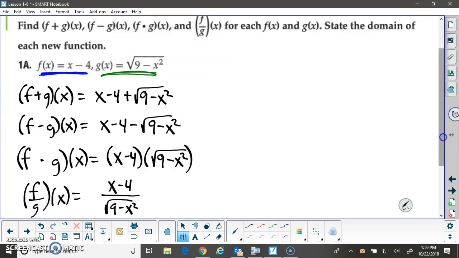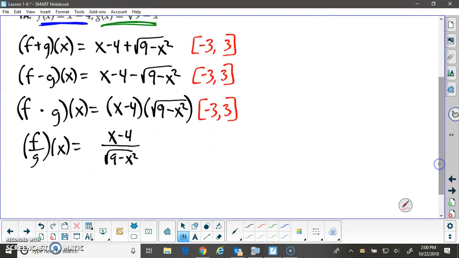So now for your domain. For the sum, the domain would be numbers between -3 and +3. That would be the same for the first three, but for the last one, the domain would be numbers greater than -3 and less than +3.